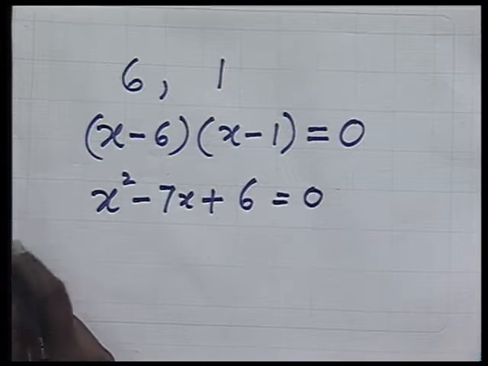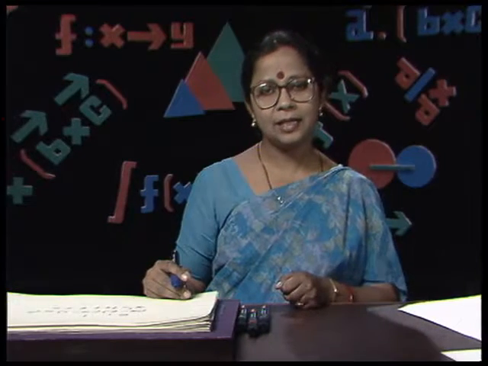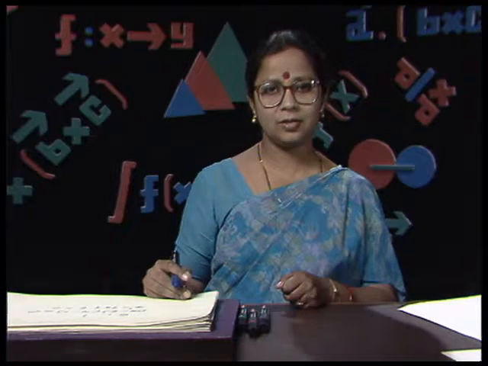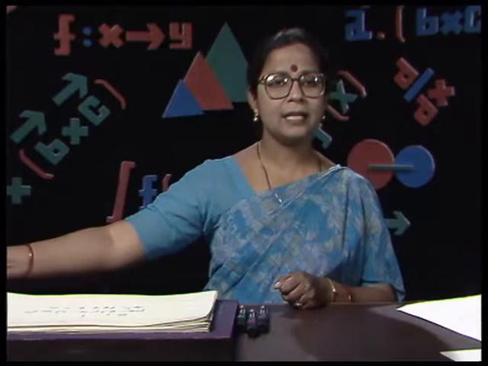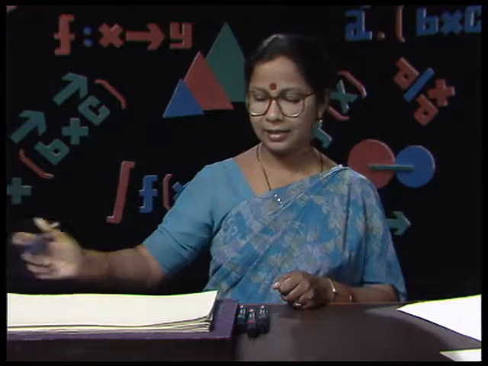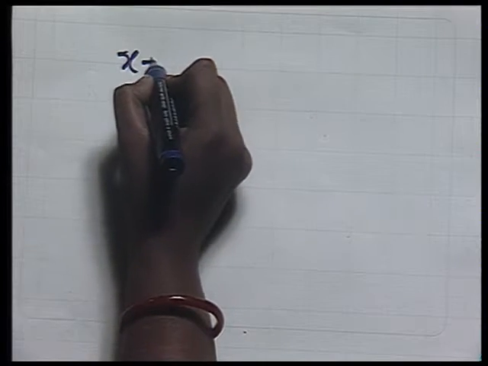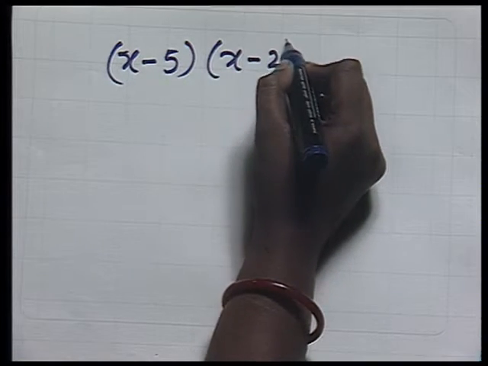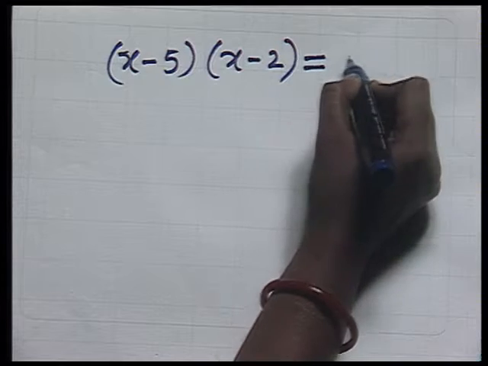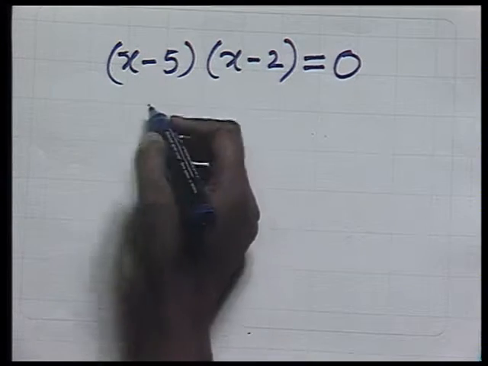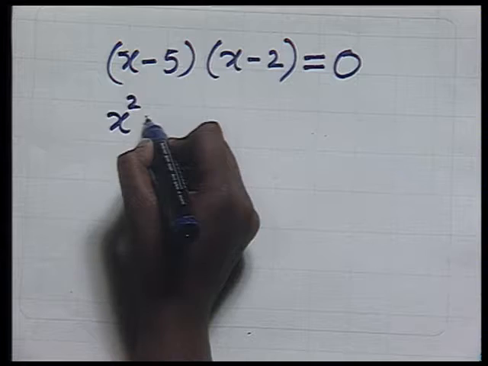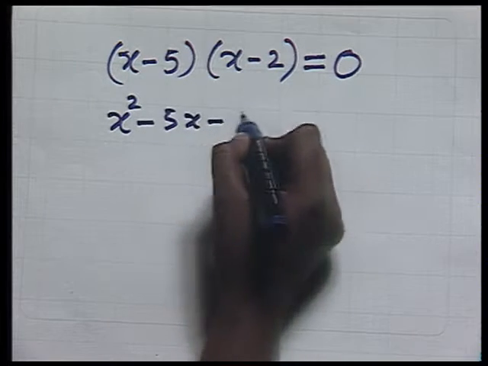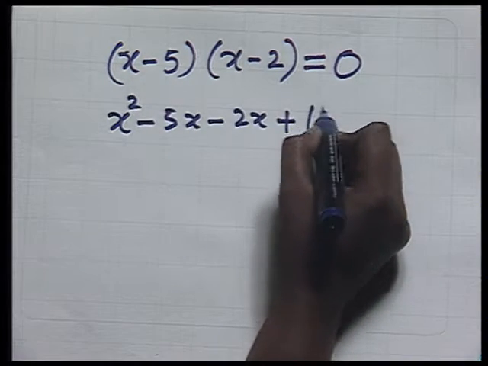Similarly, suppose we have to construct an equation whose roots are given as 5 and 2. Then again we have to think of the factors which give us these roots, that is x minus 5 into x minus 2, and when we multiply them and equate it to 0, we get the equation as x square minus 5x minus 2x plus 10 equal to 0.